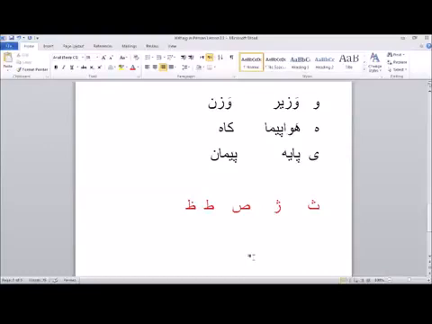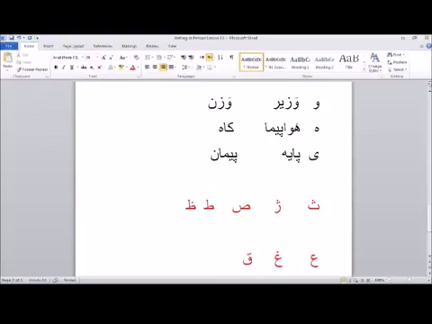We have also a letter called ain, and we have also the letter ghain. Don't worry about them. Later on I will come to them. Then we have also the qaf, which is pronounced qa. These two for us have more or less the same pronunciation.